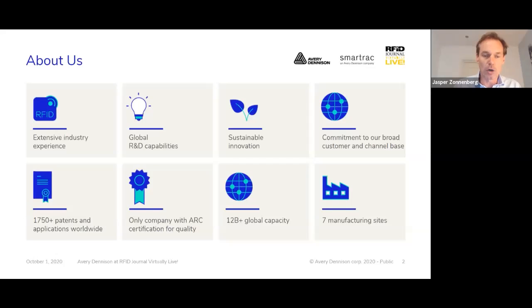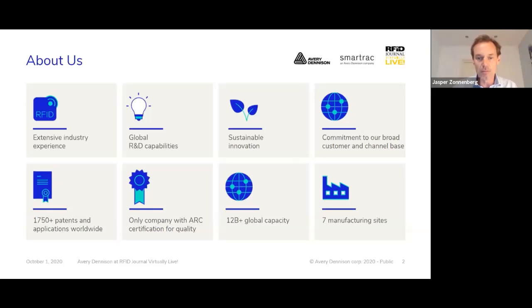The SmartTrack history is that of a company that has traditionally been leading in the industrial segments. If you look at the R&D teams that we have, by far the most scientists on site, which is also leading to a lot of innovation and more than 1,700 patents in the meantime.